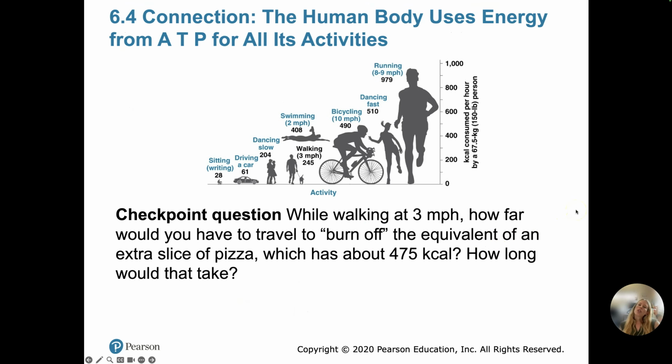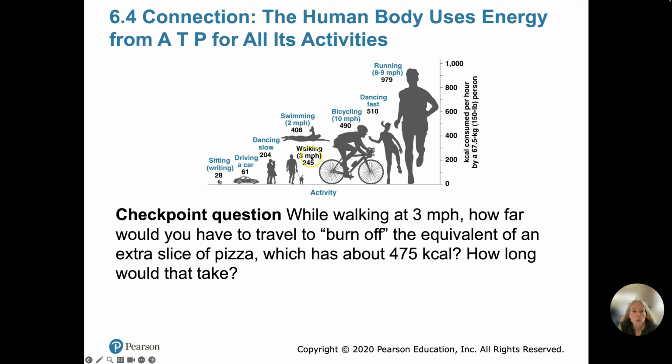A quick checkpoint question to test your skills at interpreting an image or a graph. While walking at 3 miles per hour, how far would you have to travel to burn off the equivalent of an extra slice of pizza, which has about 475 kilocalories? How long would that take? The first thing we need to do is figure out how many kilocalories an hour walking at 3 miles per hour gives you.